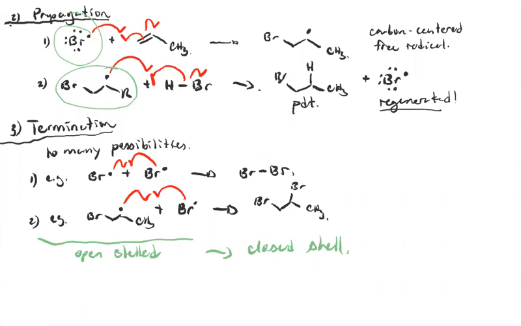Any other questions? Yeah, I just wanted to make sure about step 2 in propagation, the first part. Is it that one bond of the double bond is breaking apart in order to bond with the Br?